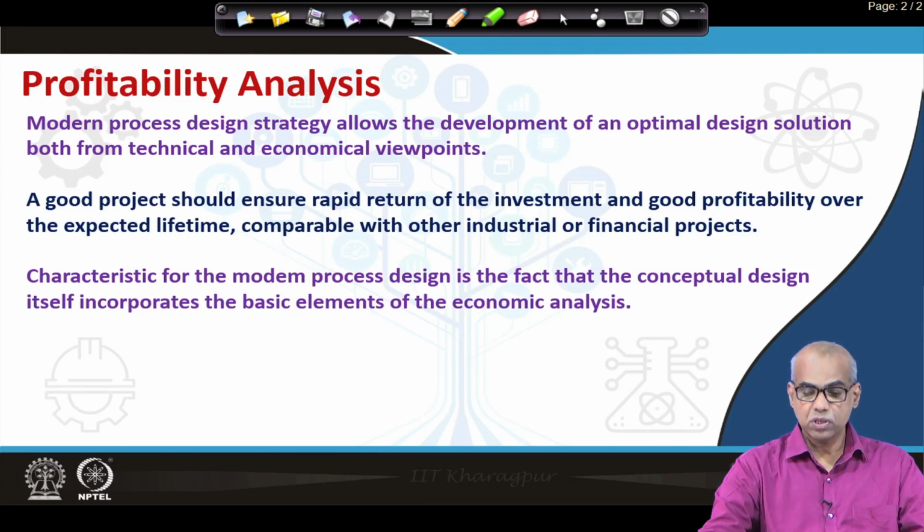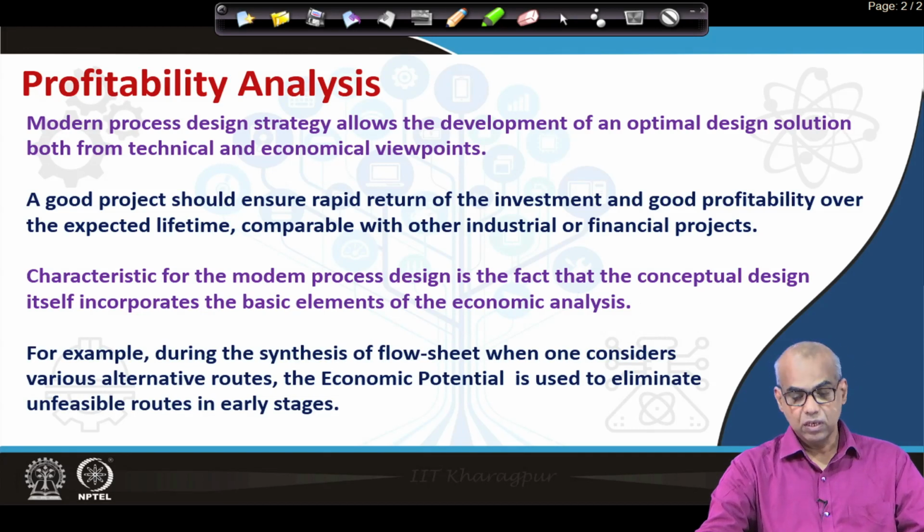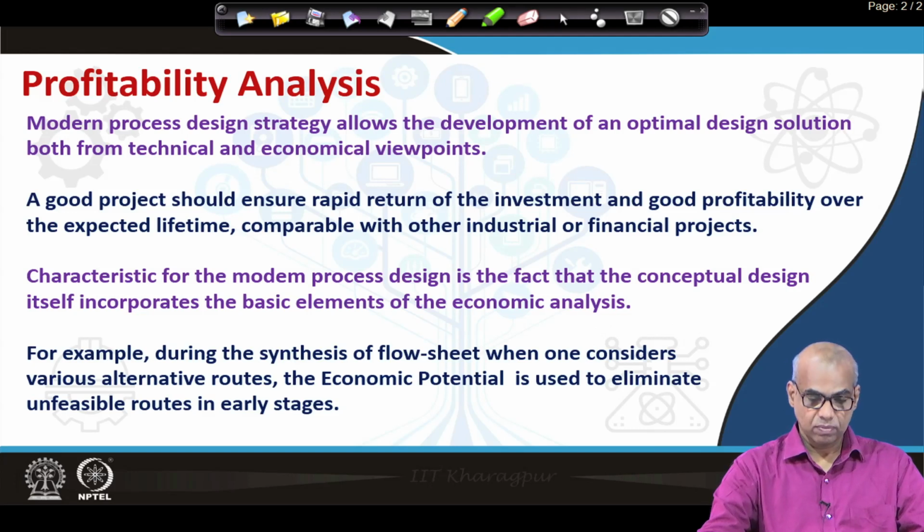A characteristic of the modern process design is the fact that the conceptual design itself incorporates the basic elements of the economic analysis. For example, during the synthesis of flow sheets, when you consider various alternative routes, the economic potential can be used to eliminate unfeasible routes in the early stages.